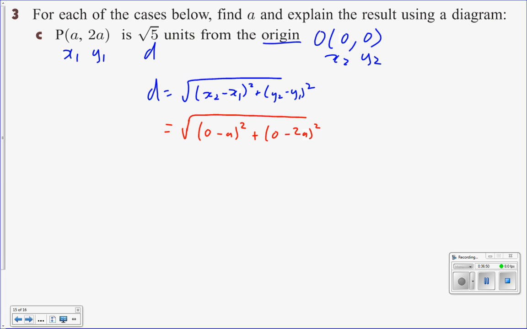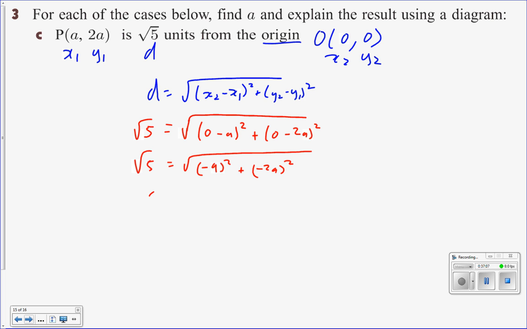And that's going to be equal to square root 5 units. So if we're now bringing that out, square root 5 equals square root of negative A squared plus negative 2A squared. So let's just square both sides.